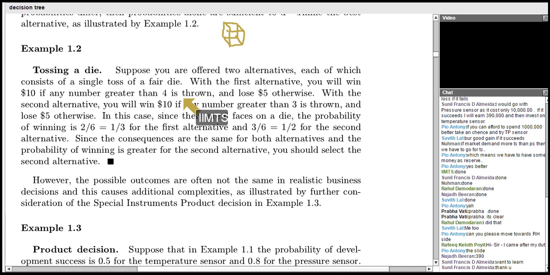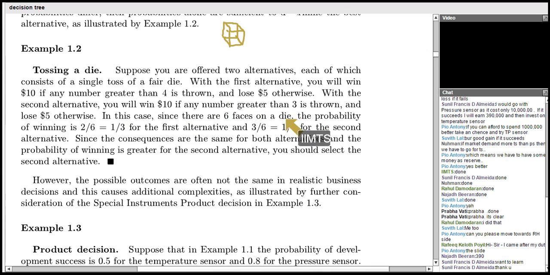For example, if you throw the die and you have a 5 or a 6, then you win $10, and lose $5 otherwise. So if you have a 4, a 3, a 2, or a 1, you're going to lose $5. Now, with the second alternative, you will win $10 if any number greater than 3 is thrown.